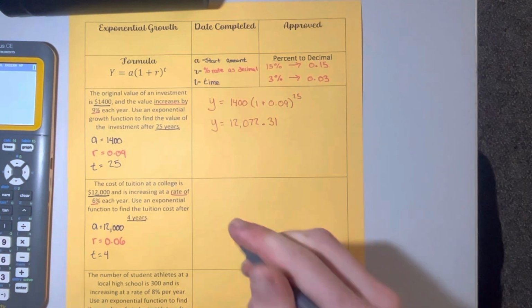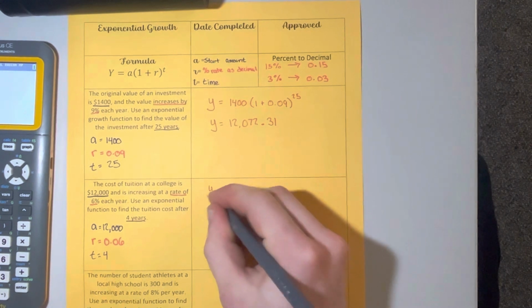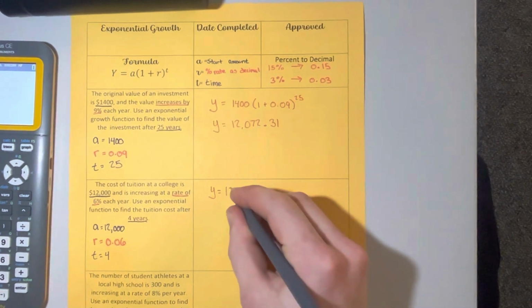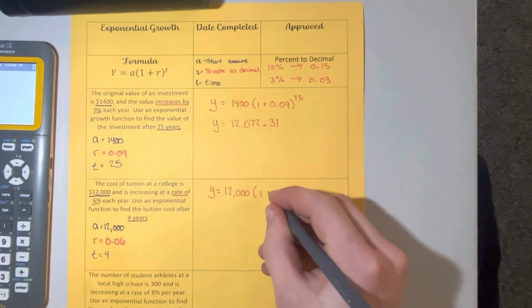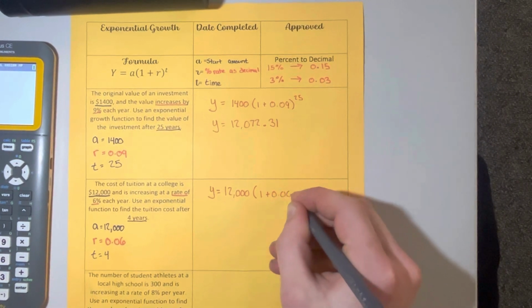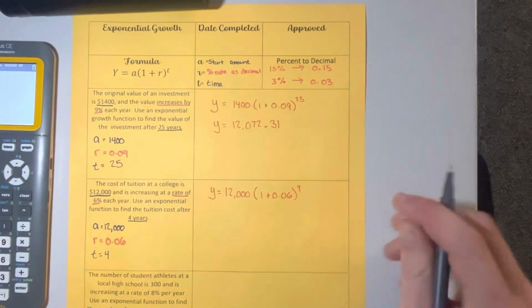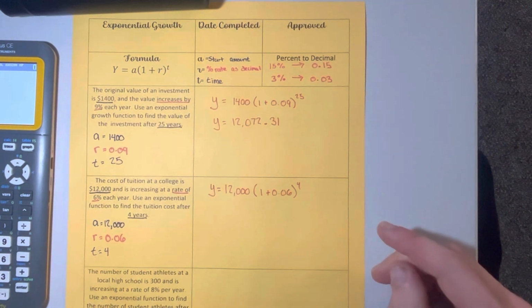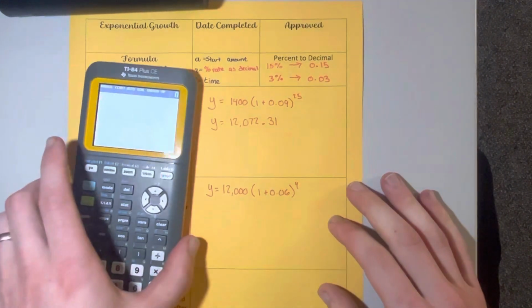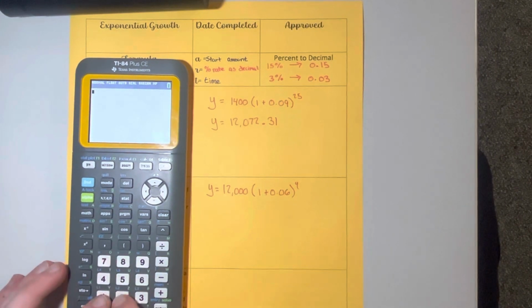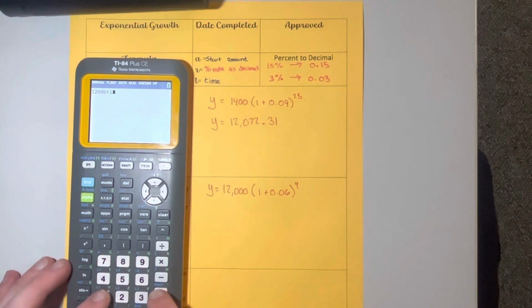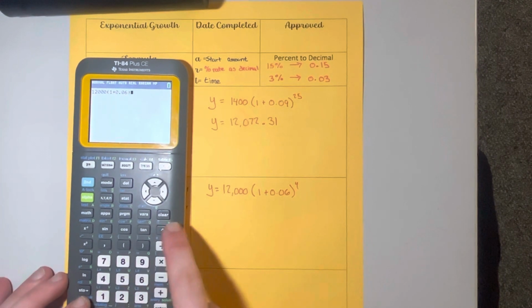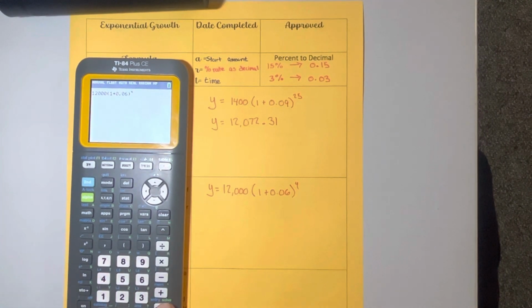Now that we've got them, let's put them in their places. Y equals 12,000 times (1 plus 0.06) to the 4th. Calculator, 12,000 parentheses 1 plus 0.06 to the 4th.